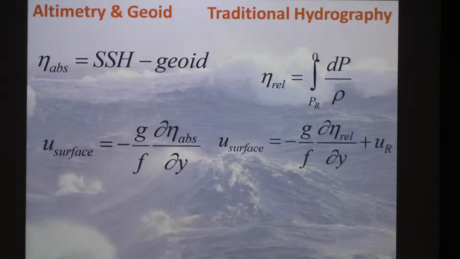And so the first one is that if we have the sea surface height measured by a radar altimeter in space, and we have a gravity field also measured by satellite observations to give us the mean geoid, we can differentiate that absolute dynamic topography, and we can get the surface geostrophic currents at the surface with no bias. Again, that's assuming that there's no bias in this measurement right here.